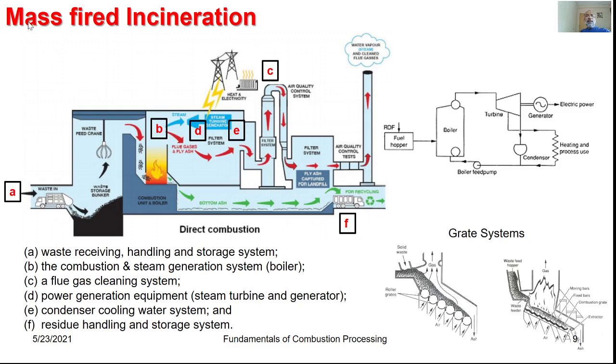As we see here, this is the flow diagram associated with the mass fired incineration. So here the waste is received. As you see here, the waste is combusted, the steam is generated, and it is used in steam turbines in order to generate the electricity.